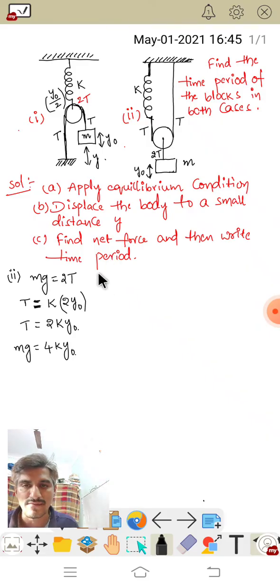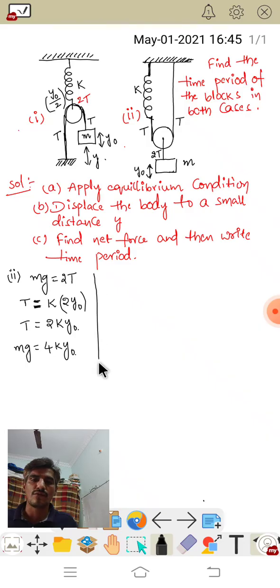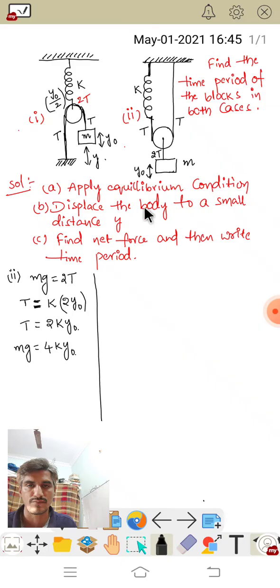Now next, if we apply a small amount of force and displace it to a small distance y further. Initially it was y naught, and now we are increasing it by a distance y and releasing. So when we pull it to y distance, automatically the tensional force changes, no?